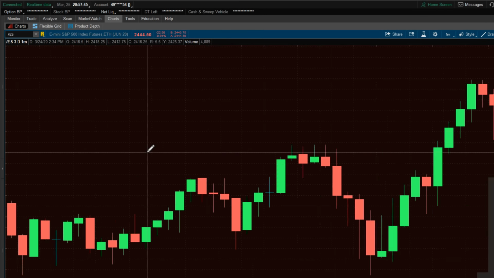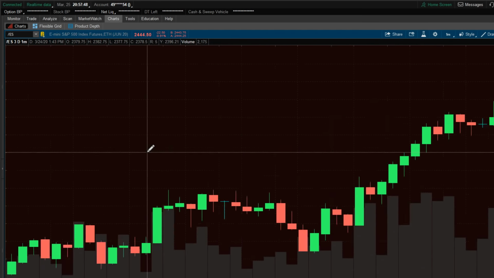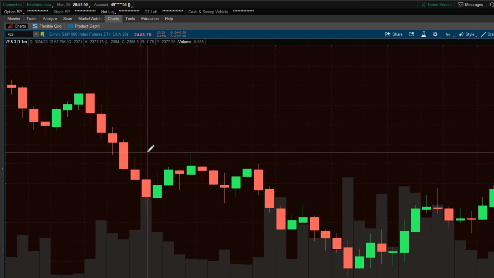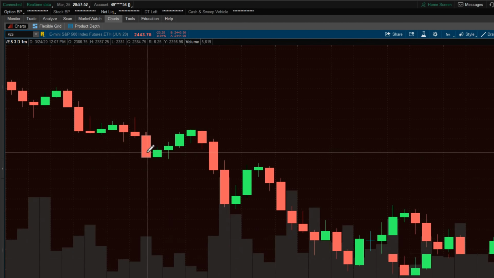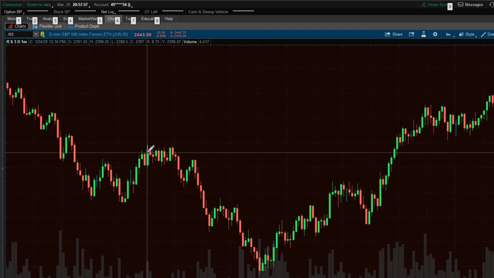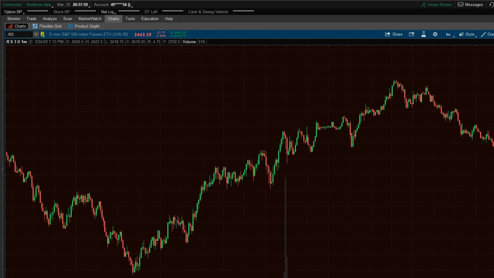So price, volume, trend lines, triangles, patterns, and you should be good to go, or on your way to being successful in the stock market or whatever market you're trading.